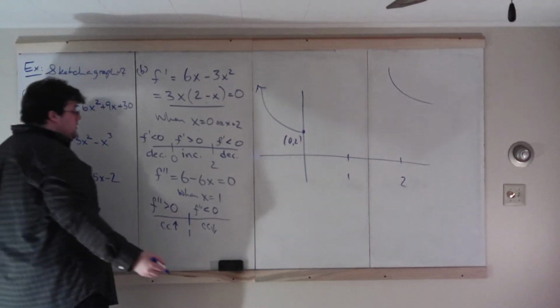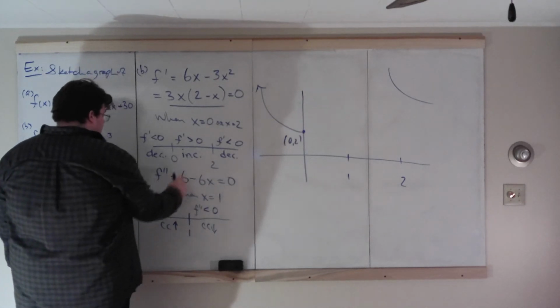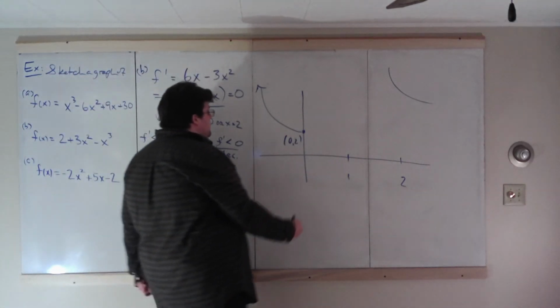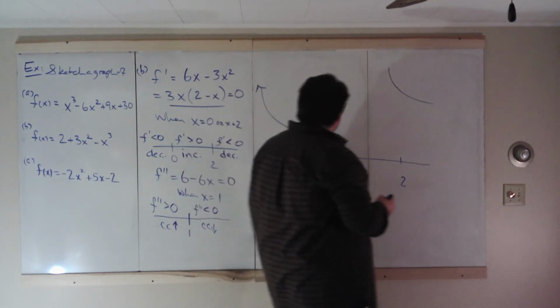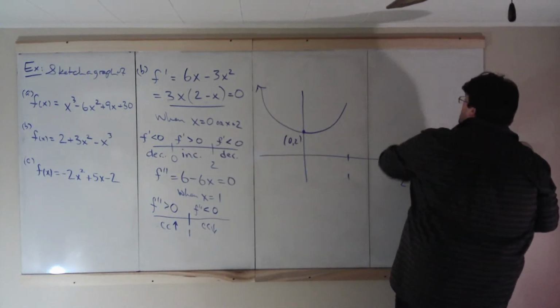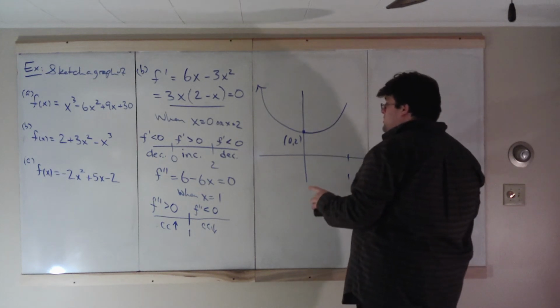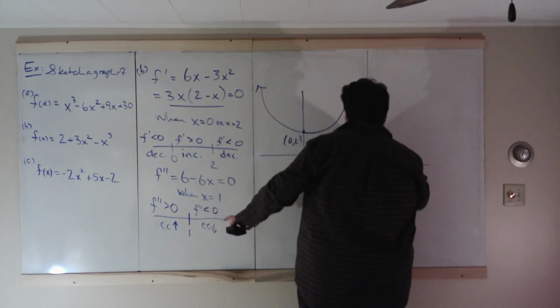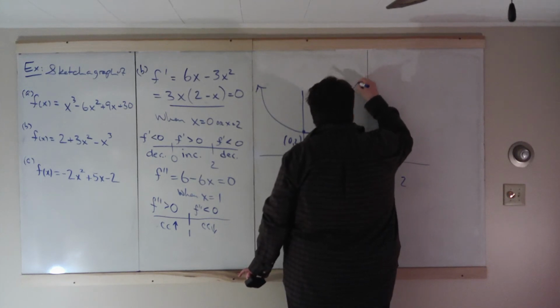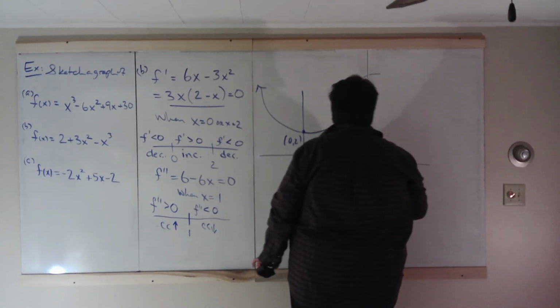On 0 to 1, increasing, concave up. What does that look like? Well, it looks like one of these. On 1 to 2, it's increasing and concave down. That looks like one of these.